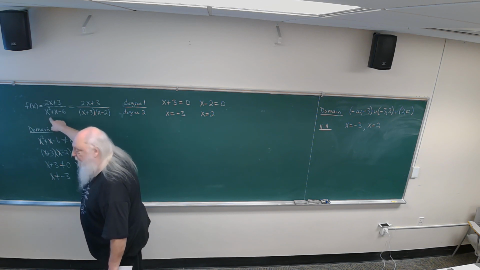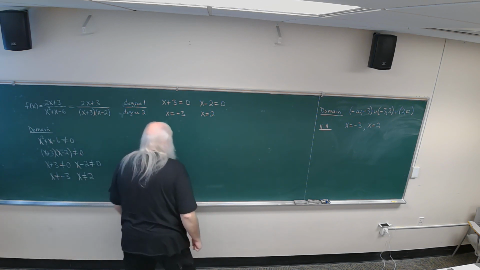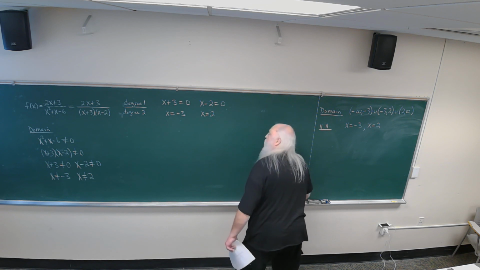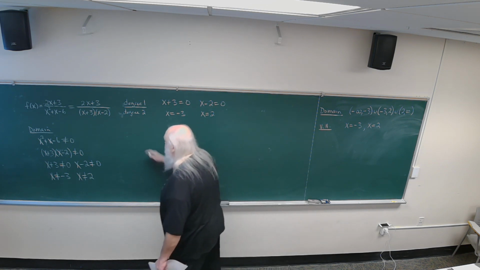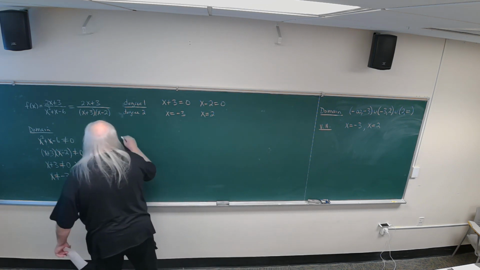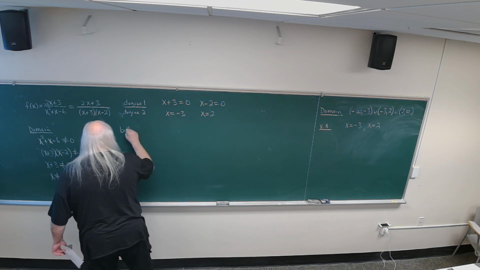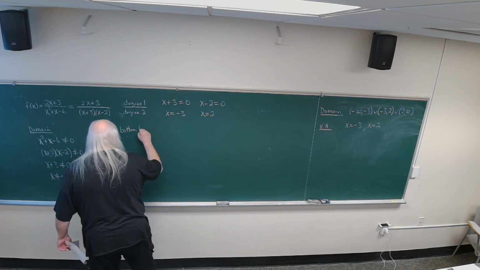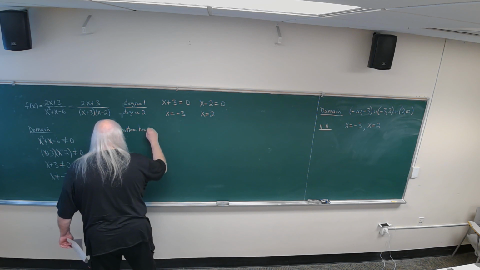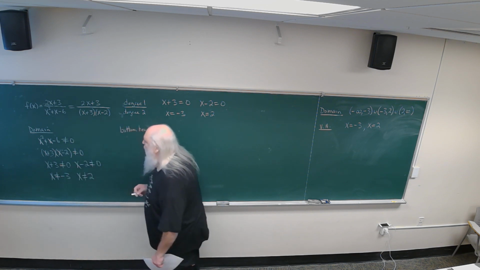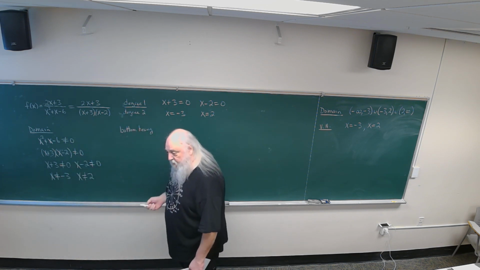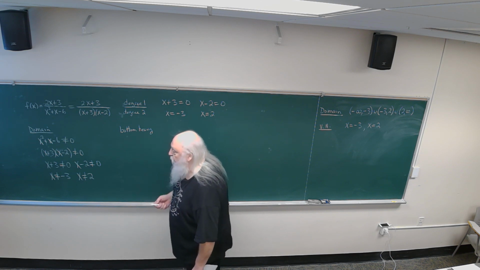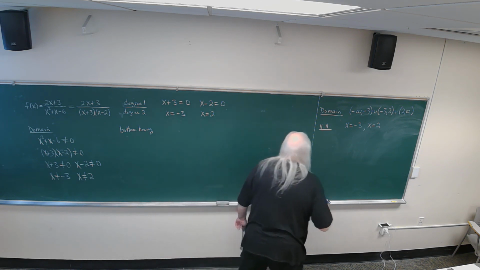Largest power of x in the denominator is 2. And when the degree of the numerator is less than the degree of the denominator, we call that bottom heavy. And when the rational function is bottom heavy, the equation for the horizontal asymptote is y equals 0.